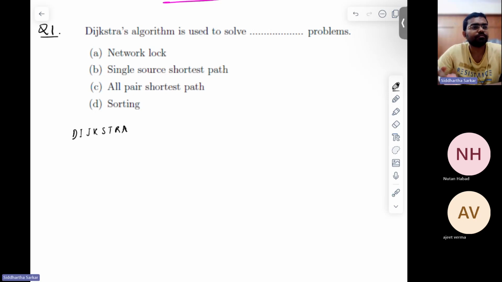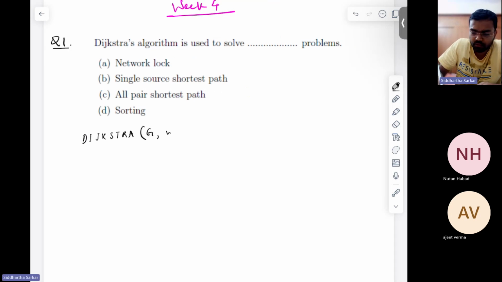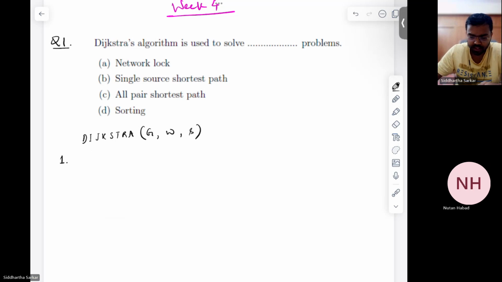The input is a graph G and a set of weights on the edges and a source vertex S. The objective is to compute something which will be clear once we write the pseudocode. It is going to work on a graph with weights on the edges. Sorting is probably immediately ruled out.